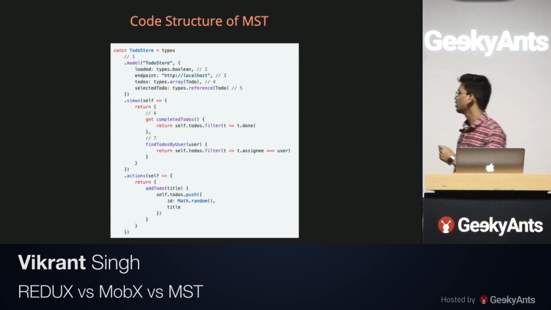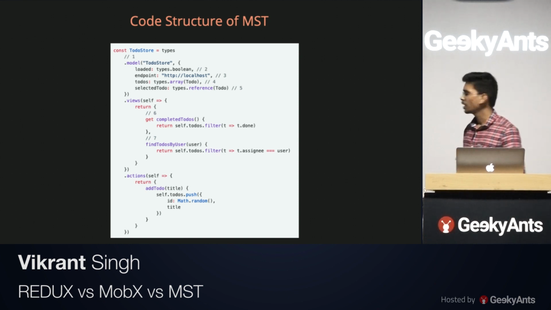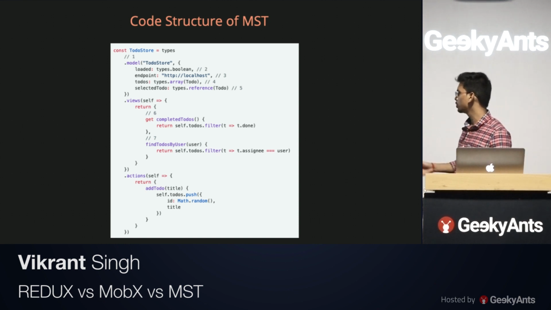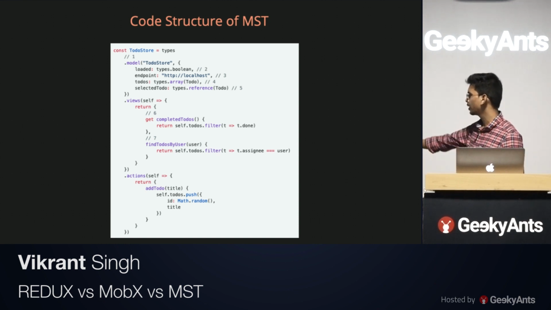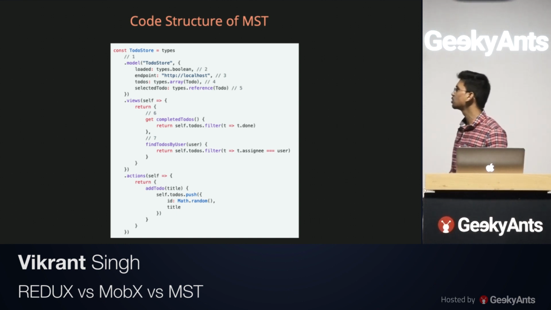It basically filters out all those to-do items which are done and gives us that new list. And we also have actions. In MST we can write an action like addTodo, which, as you can see, is manipulating the state in our store. It is simply pushing a new item object into the array of our store.